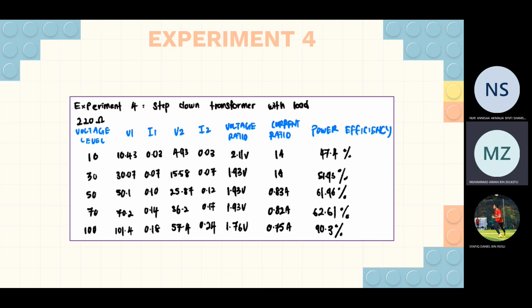For voltage level 10, V1 we get 10.43, I1 0.03, V2 4.93, I2 0.03, voltage ratio 2.11, current ratio 1, and power efficiency 47.4.